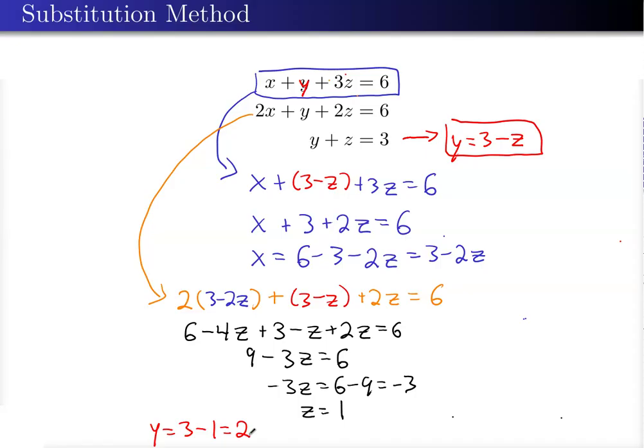I also had that my x was equal to 3 minus 2z. So I'd have a 3 minus 2, and I'd see that my x is equal to 1. So my final solution here is x coordinate 1, y coordinate 2, and z coordinate 1. And this would be the one point that would solve this system of 3 linear equations in 3 unknowns.